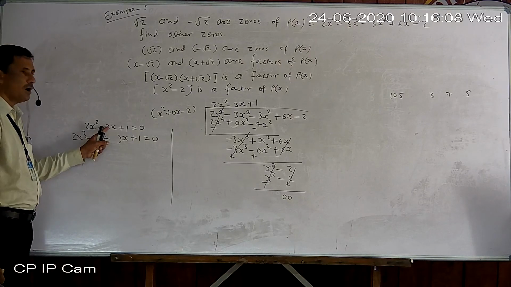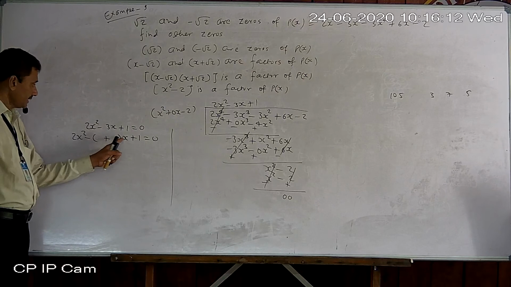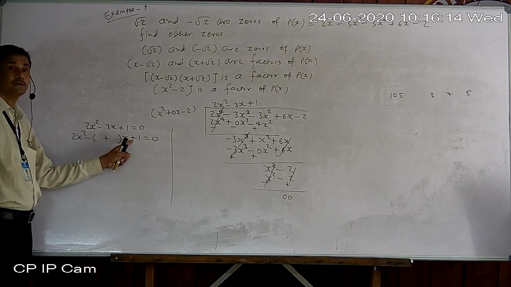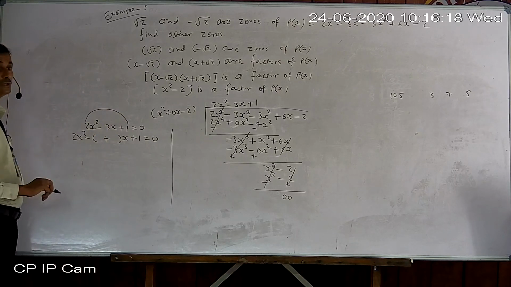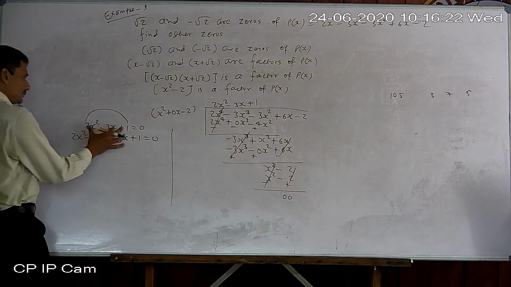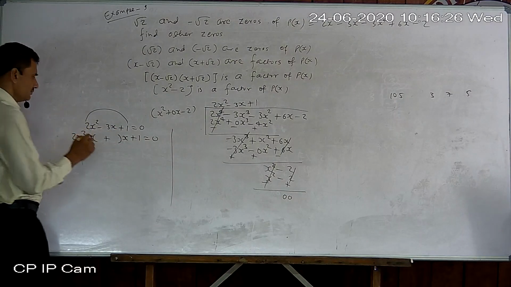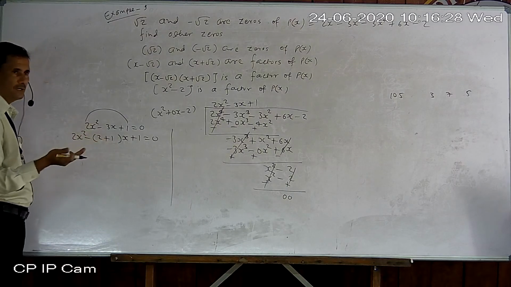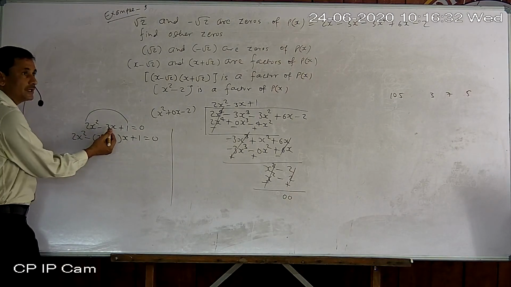In place of the numerical value of b, write a blank bracket, and inside the blank bracket the last term's sign. Now the product of first and last is 2. Now obtain 2 factors of 2 so that their sum becomes 3. Only one pair is there, 2 and 1. Okay, no other pair, one pair only. So 2 plus 1, obviously we got 3.